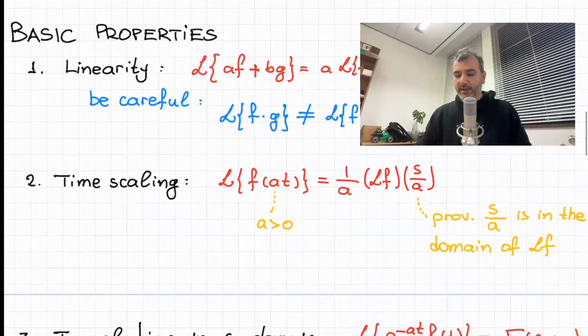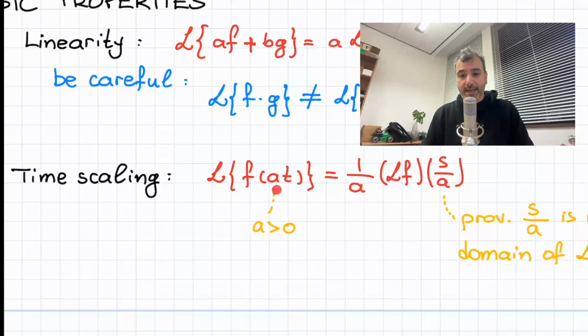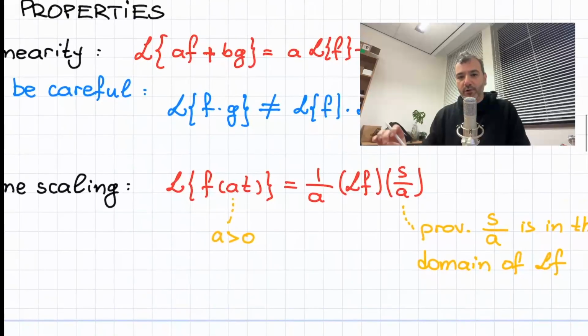I believe time scaling should be a familiar property from the Fourier transform. So the Laplace of a scaled version of f by a parameter a, where a is positive, of course, because we don't deal with negative times here, is 1 over a times the Laplace of f evaluated at s over a.